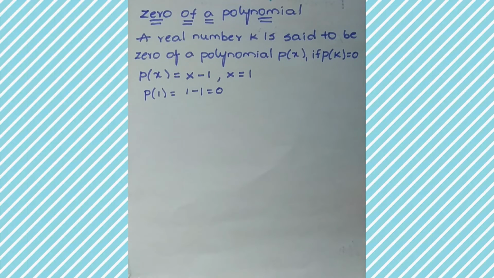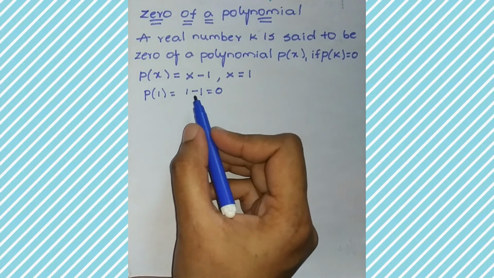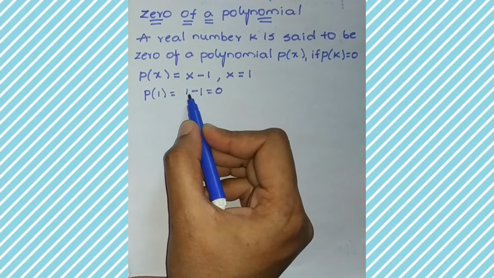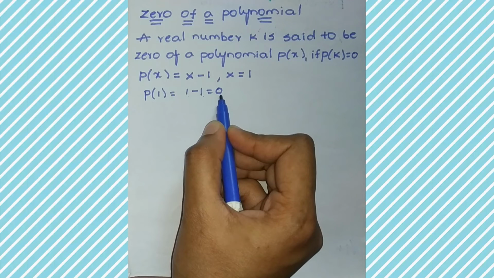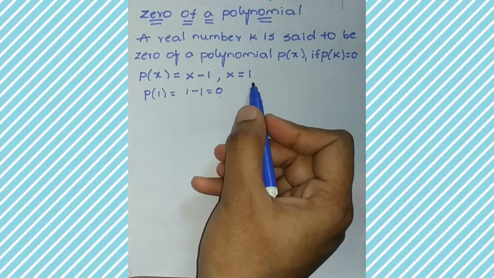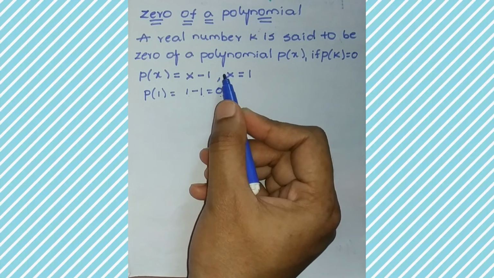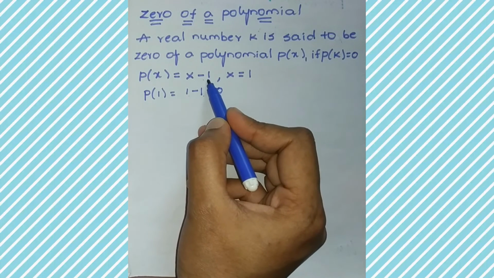Now let's consider an example. p(x) = x − 1 and x = 1. Now by substituting x = 1 in the given polynomial, in place of x substitute 1. 1 − 1, which is nothing but 0. So x = 1 is a zero of the polynomial x − 1.